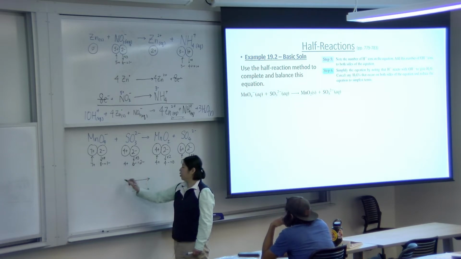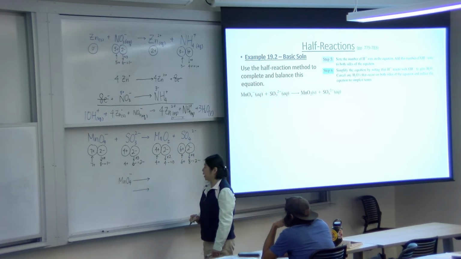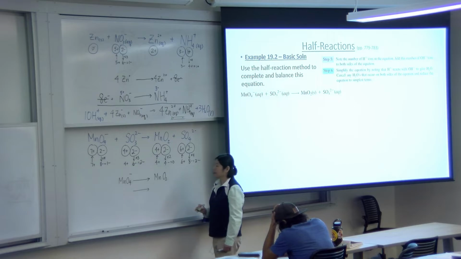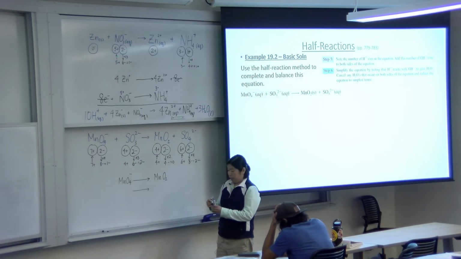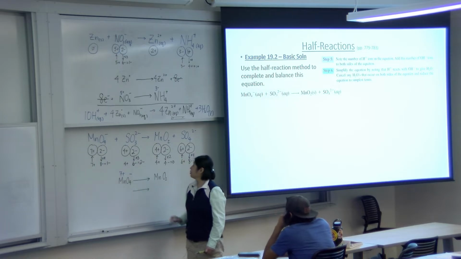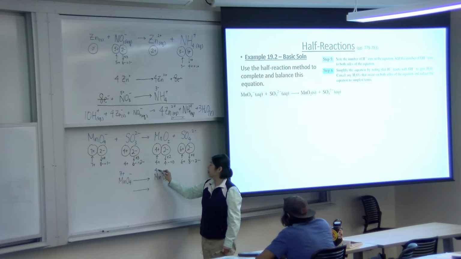We're bringing down our MnO4, permanganate, and our manganese dioxide. And again, we should bring down our numbers, our oxidation states, 7 plus and 4 plus.